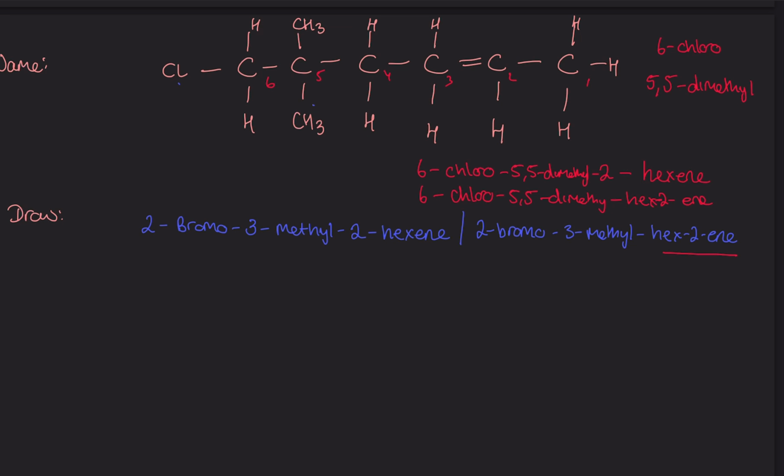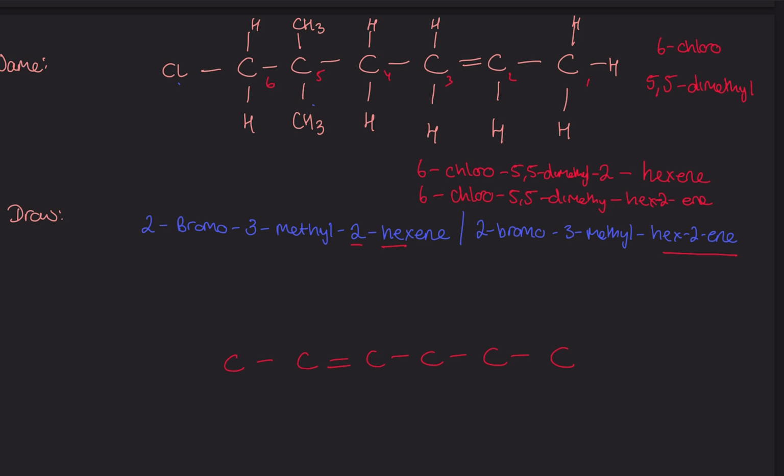Okay, so the first thing we need to look at is how many carbons we have. We have 6, so we'll draw that in first. Now, the double bond is on the second carbon. So there we go. So we've done that part.